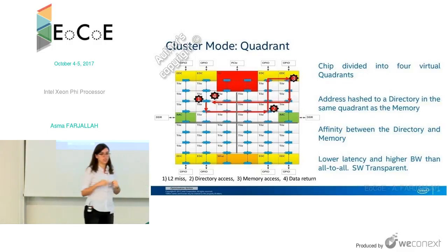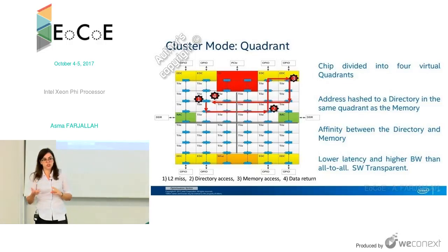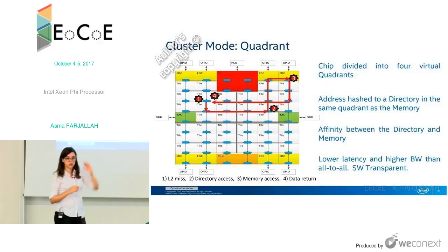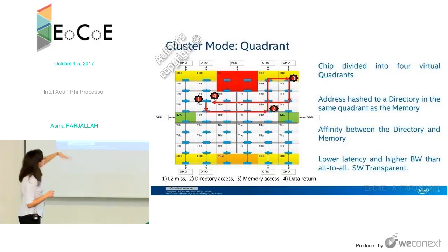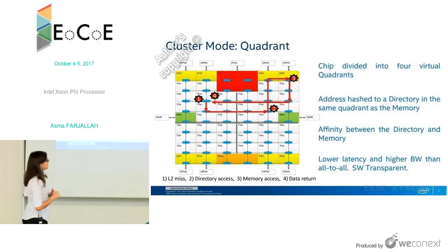So it guarantees that as soon as you have an L2 miss, you are going to have the shortest path between your directory and your memory. The core can be wherever on the mesh, but at least between the tags and the memory, you have this affinity. And it's the simplest one to use because you don't have to change anything in your runtime variables or in your code, and it guarantees decent performance.